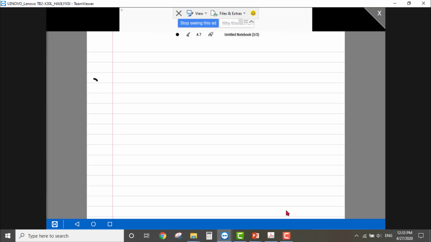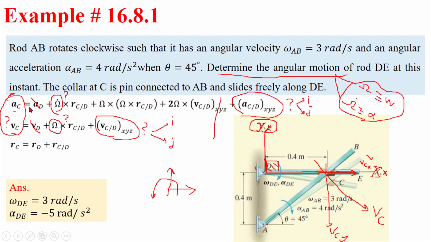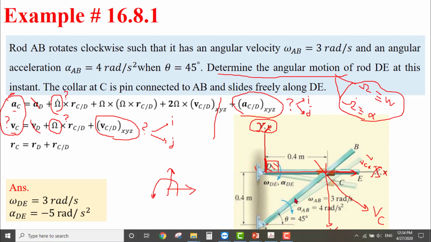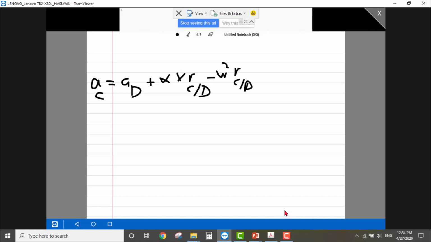The acceleration for this link, which is a little bit long: AC is equal to AD plus alpha cross product RC with respect to D, minus omega squared multiplied by RC to D. If you go back to the slide, this is AC, AD, this is alpha cross product RC to D. This bracket I can convert to minus omega squared RC to D.